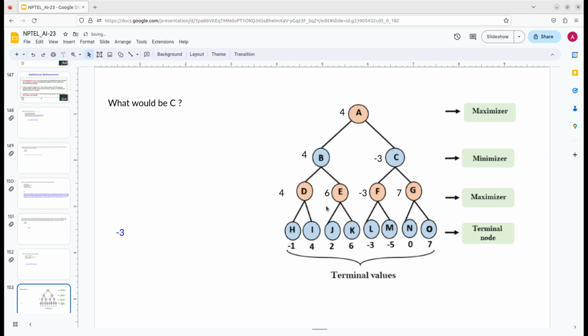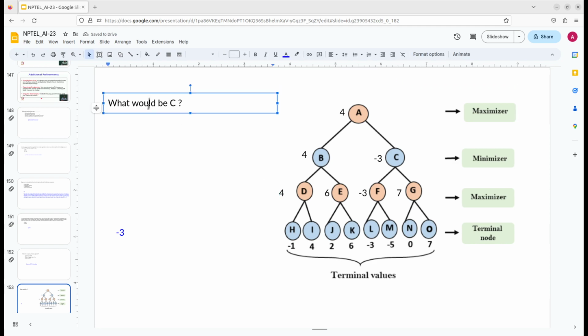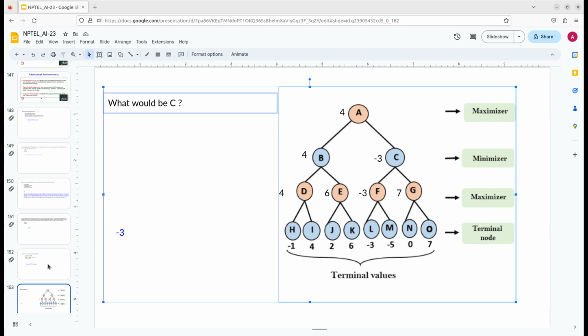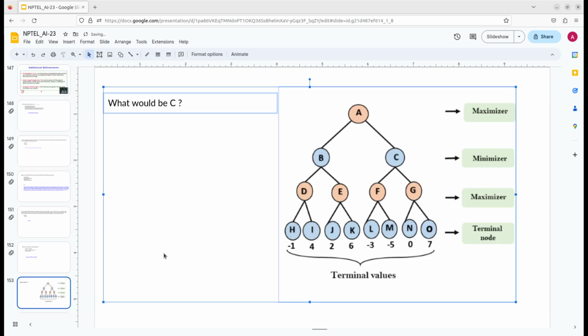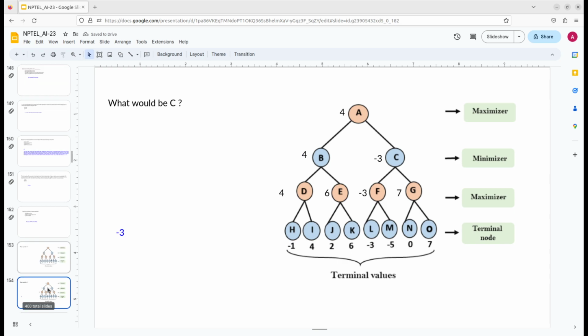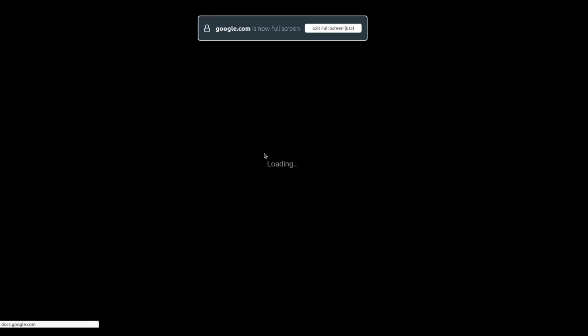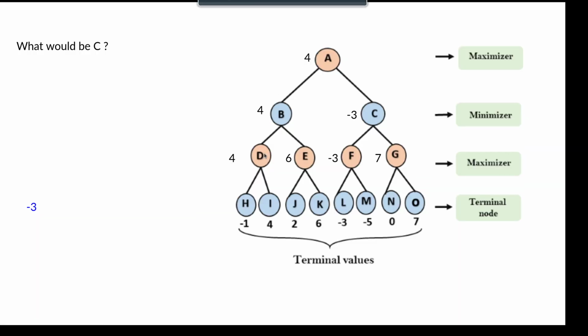This part, please let me know. Minus 3. The step was minimum, simple. So we took the maximizer from the bottom layer and then the minimizer for the second last layer, and we finally got minus 3 as the C value.